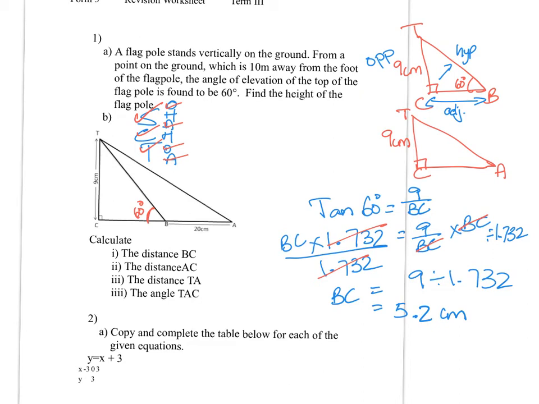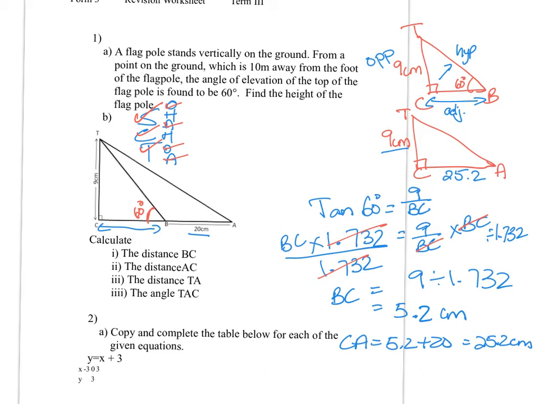Now to get the distance AC, AC is BC plus 20 centimeters, so CA is 5.2 plus 20, which gives 25.2 centimeters. To get the distance TA, we use the big triangle, where this is 25.2 and this is 9, and we want to find the hypotenuse.